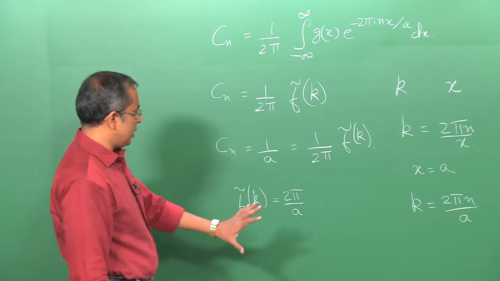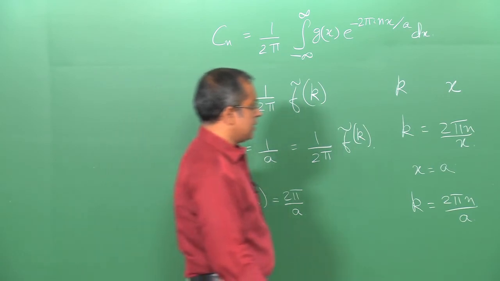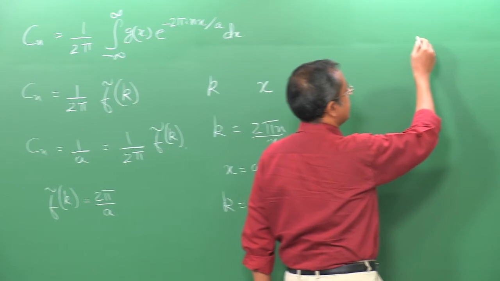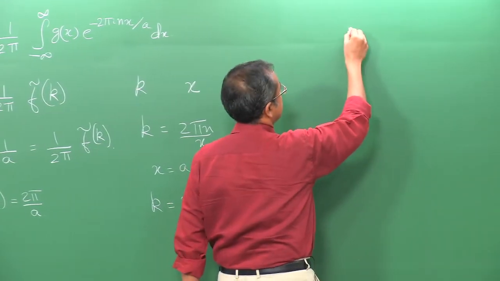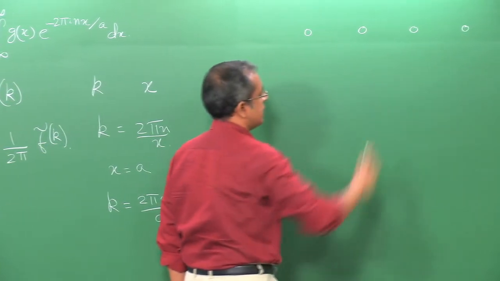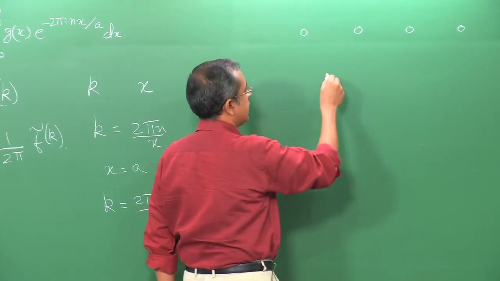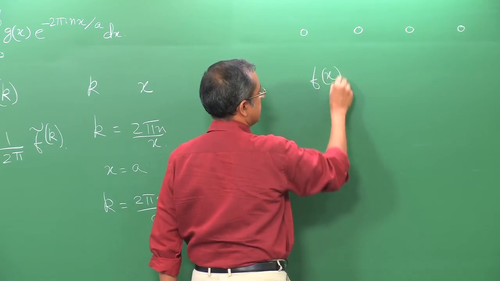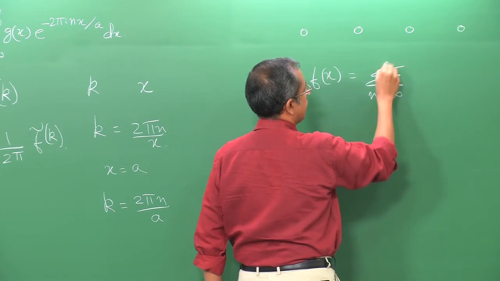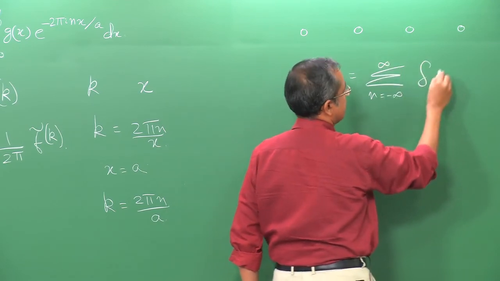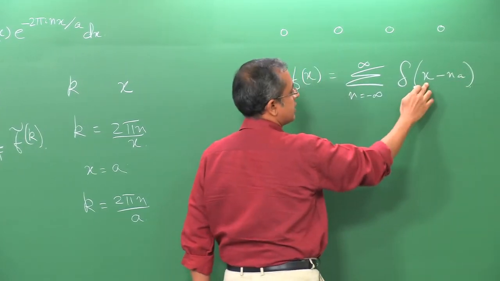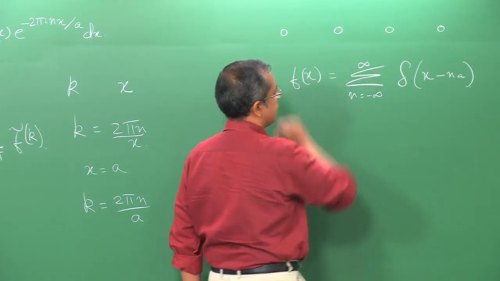If you take these two together, and look at our original one-dimensional lattice, we said that it only has values at specific multiples of a. The rest of the place it does not have a value, and so we wrote this as f of x equals the sum from n equals minus infinity to plus infinity of a delta function x minus na. This ensured that whenever x has integral multiples of a, the function has a value.